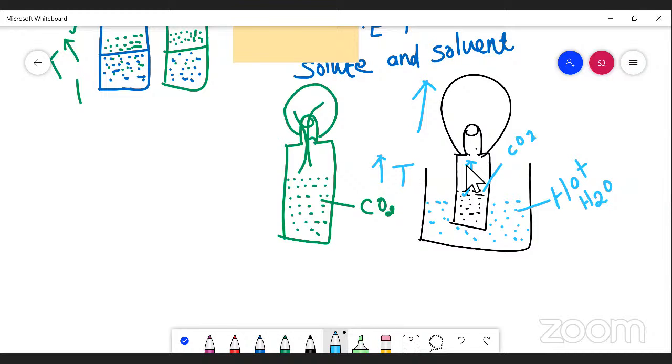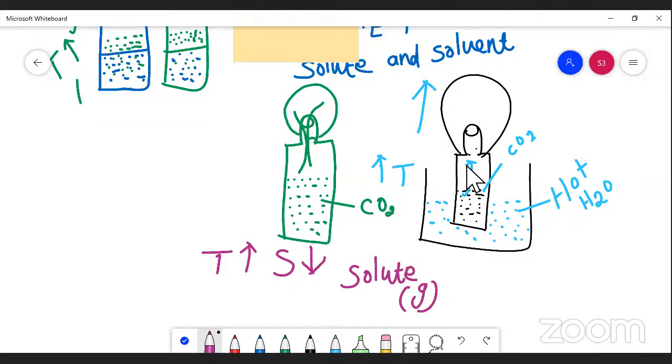When the temperature increases, solubility decreases. In what system? A solute in a gaseous state. So far we have been discussing the effect of temperature on solubility.